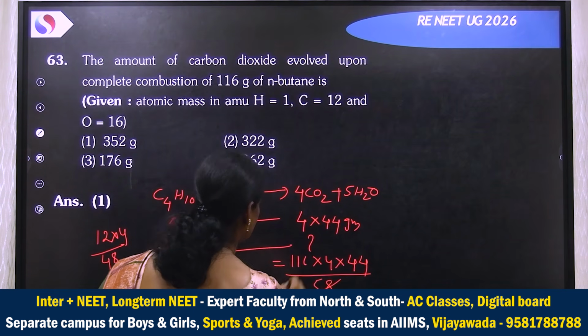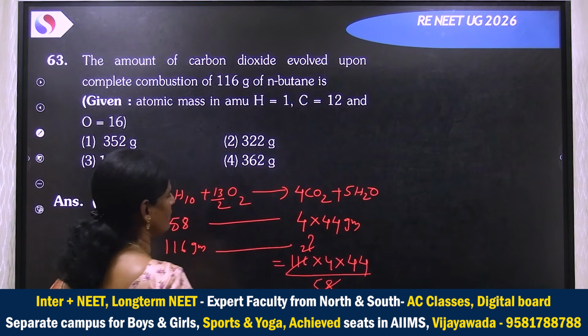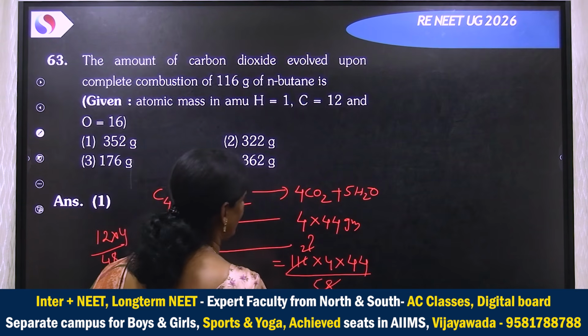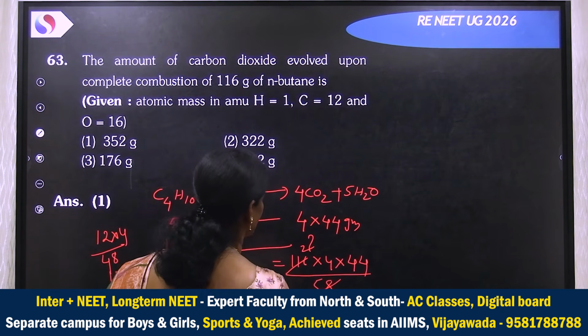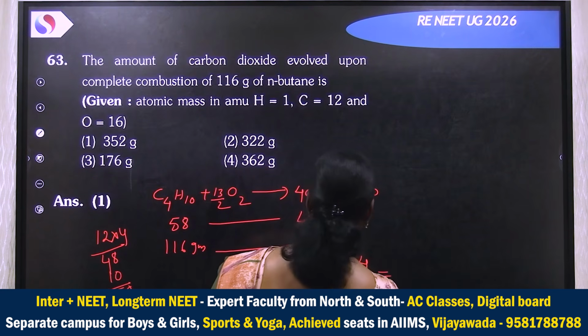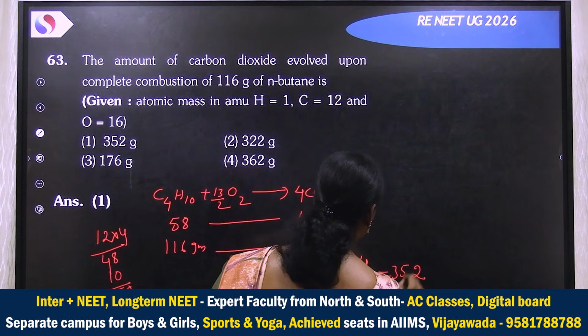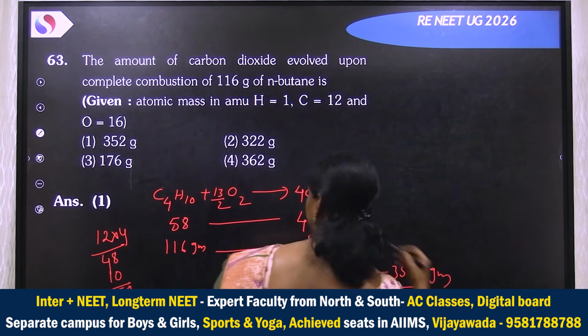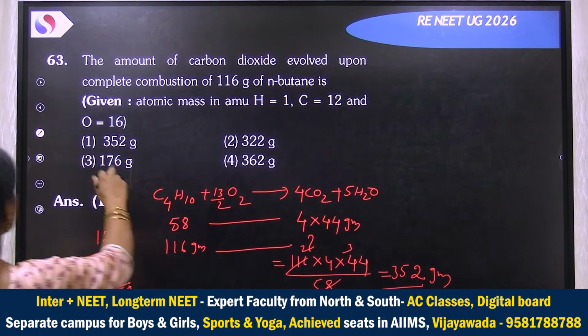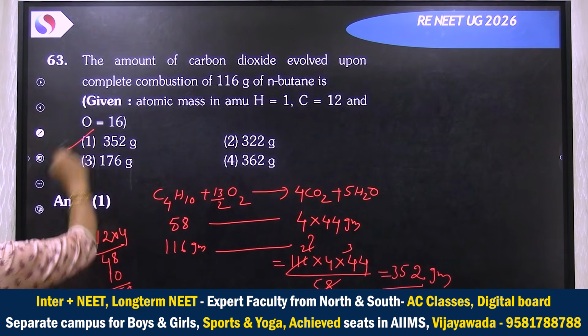So 58 in 116 goes 2 times, 2 into 4 is 8, 8 into 44. 8 fours are 32, and 8 fours 32 and 3 is 35. So 352 grams. It is already given in the first option, so the first one is correct.